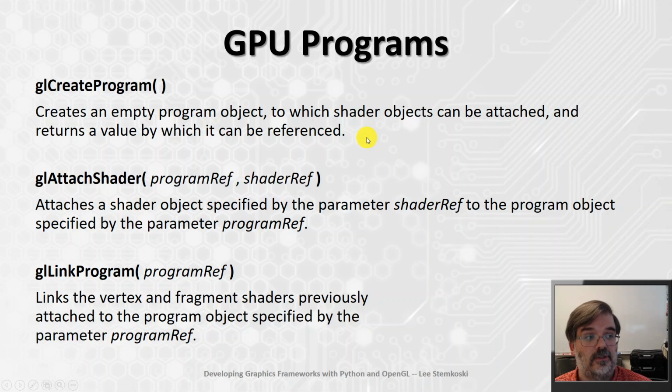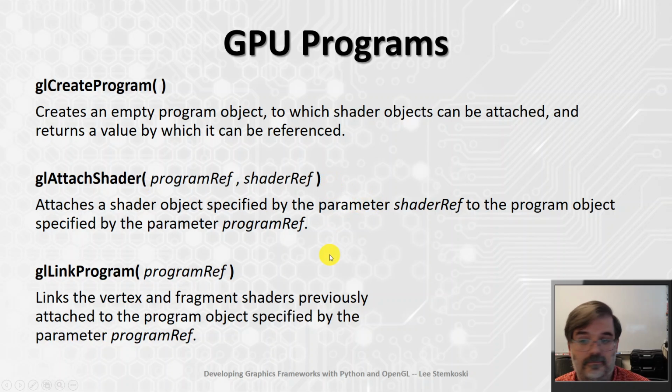The first step is to create a program, and then we need to attach the shaders. That's accomplished with the function GL attach shader. Again, we refer to the program by its reference value, and we attach a shader, which we refer to by its reference value. So this function will attach a shader object to the program object.